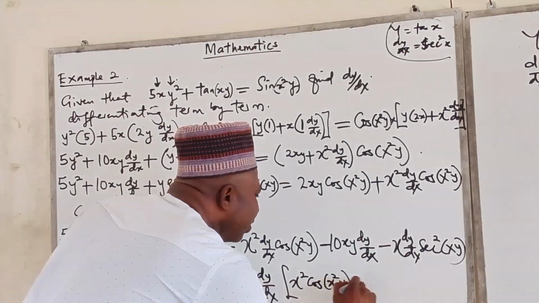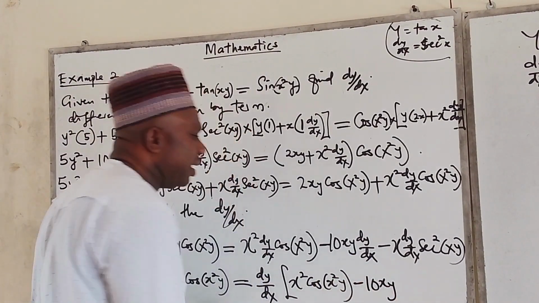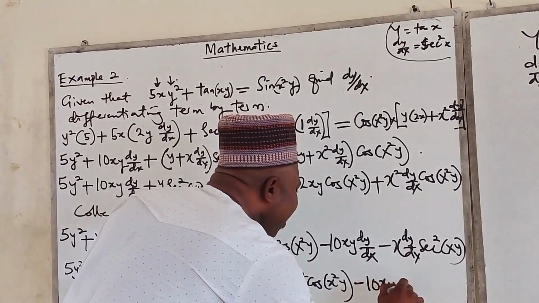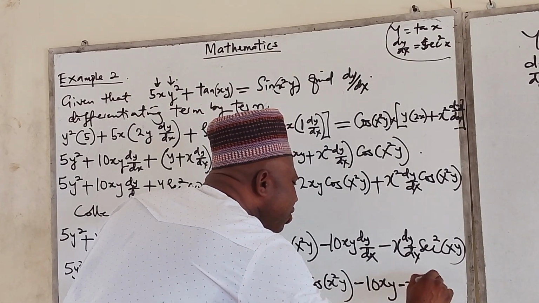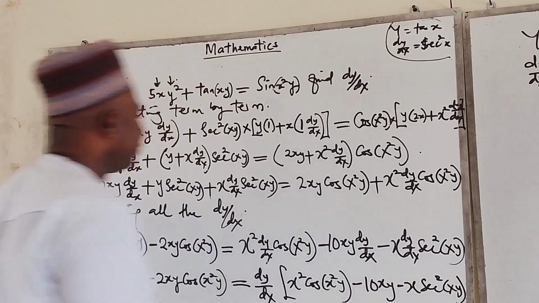So here we have dy/dx in brackets, x squared cos x squared y, minus 10xy, minus x sec squared xy.